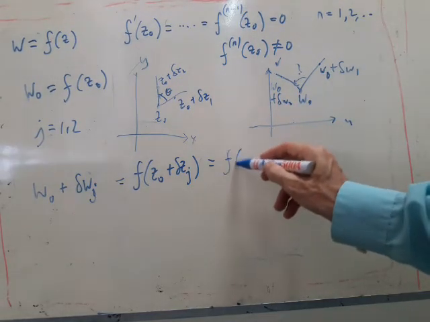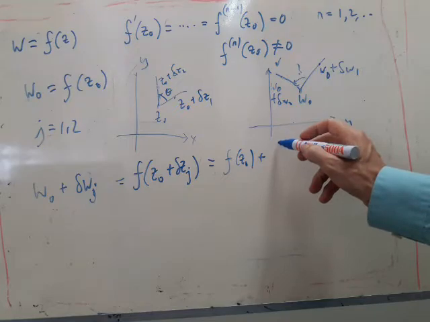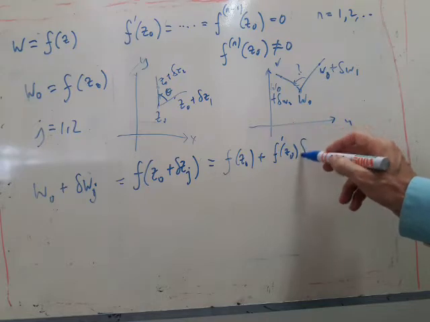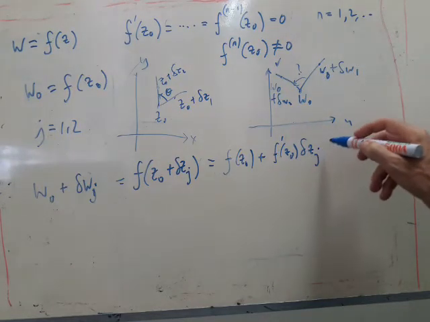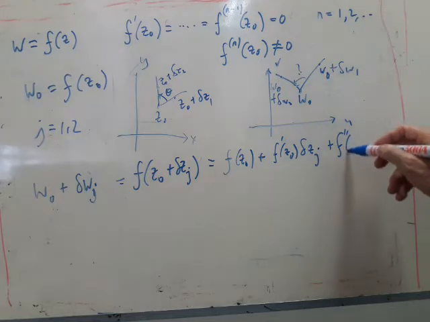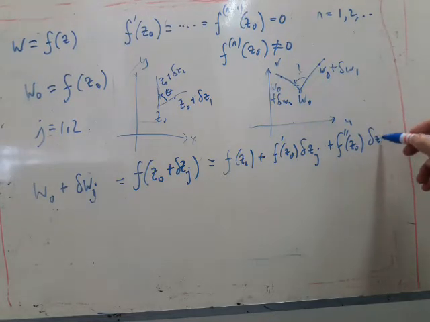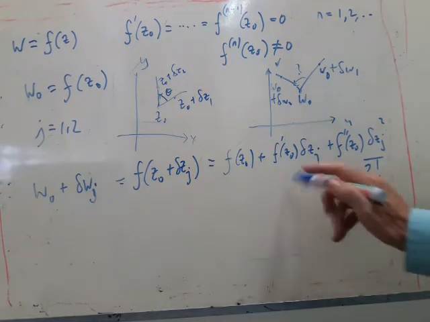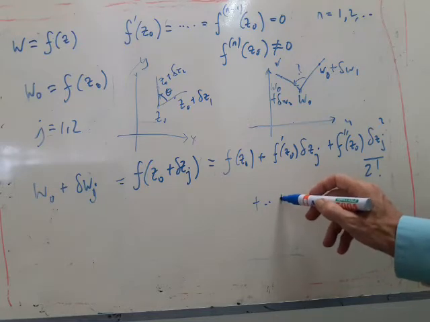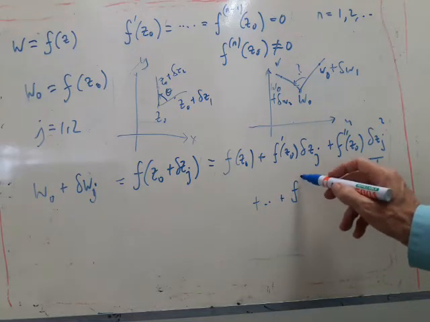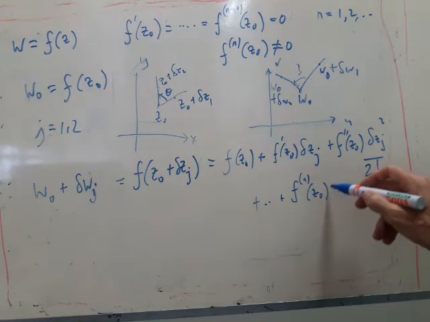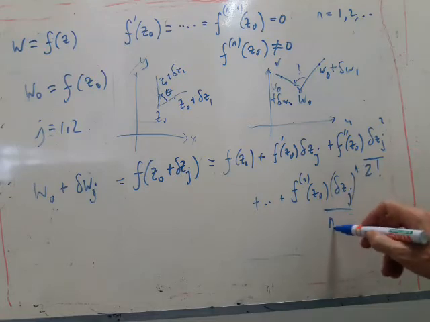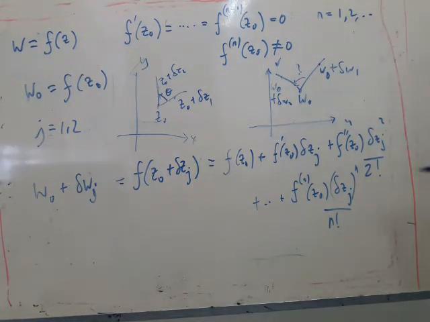So I've got f of z0 plus f dashed of z0 times delta zj plus f double dashed of z0 times delta zj squared over 2 factorial plus, and so on, until eventually the important term in the end is actually f to the n of z0 over n factorial, and then so on.